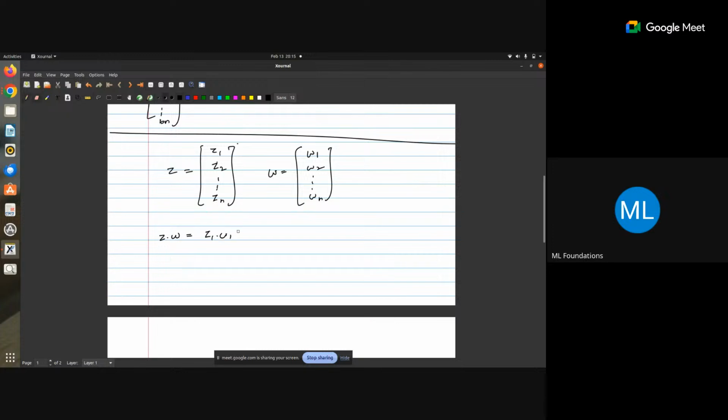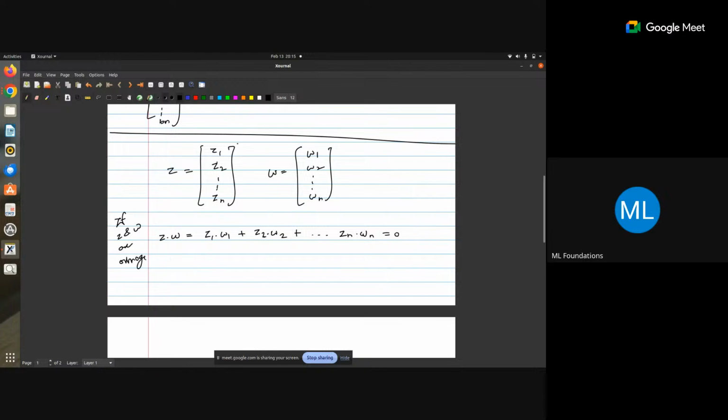Then the dot product between these two vectors will not be equal to z1 dot w1 plus z2 dot w2, up to zn dot wn equal to 0, which is what we would write if z and w are orthogonal.